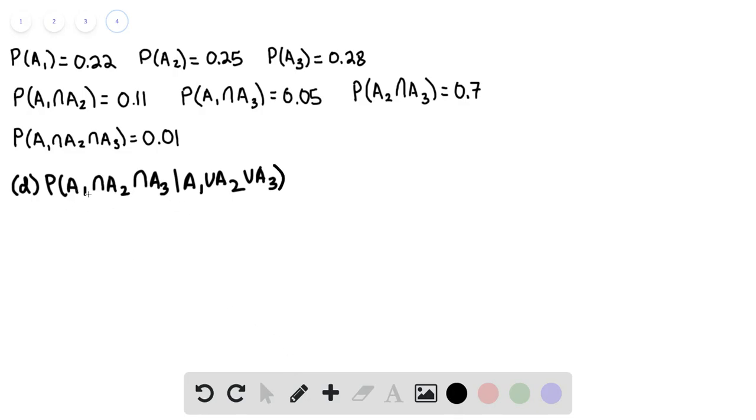The probability of A1 intersect A2 intersect A3 given A1 union A2 union A3. Once again, using our definition of conditional probability.